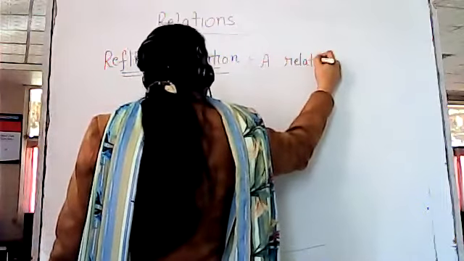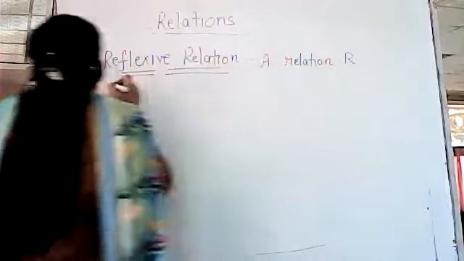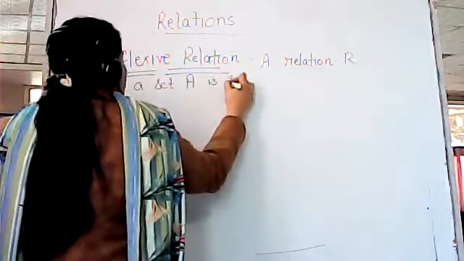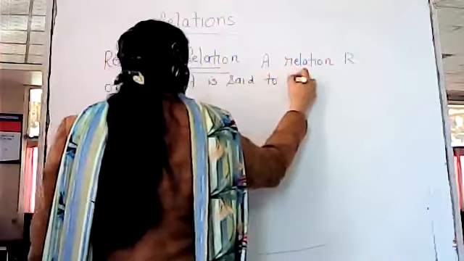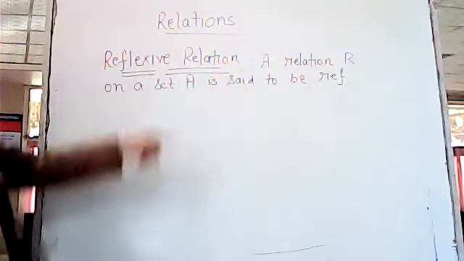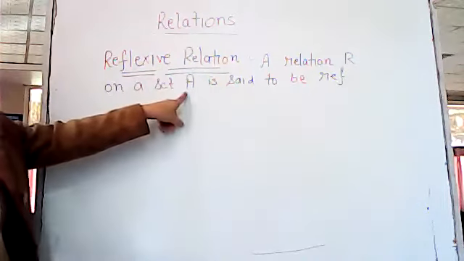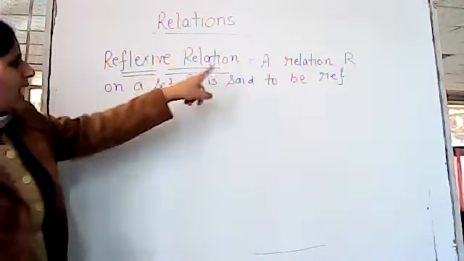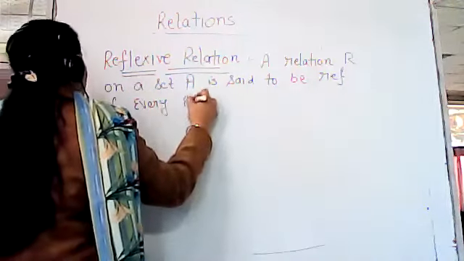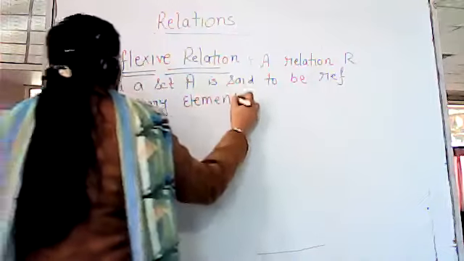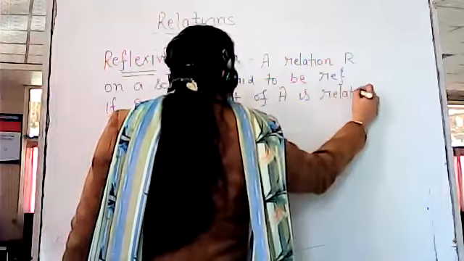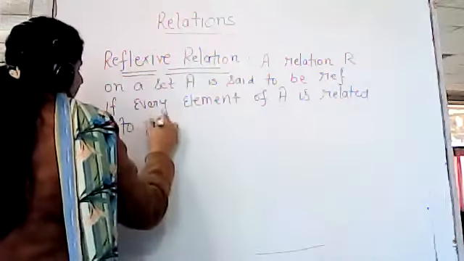A relation R on a set A is said to be reflexive if, given a set A and R any relation defined on this set, every element of A is related to itself.